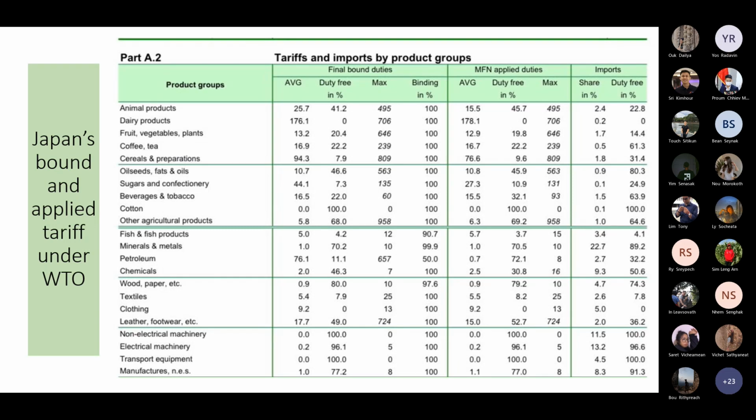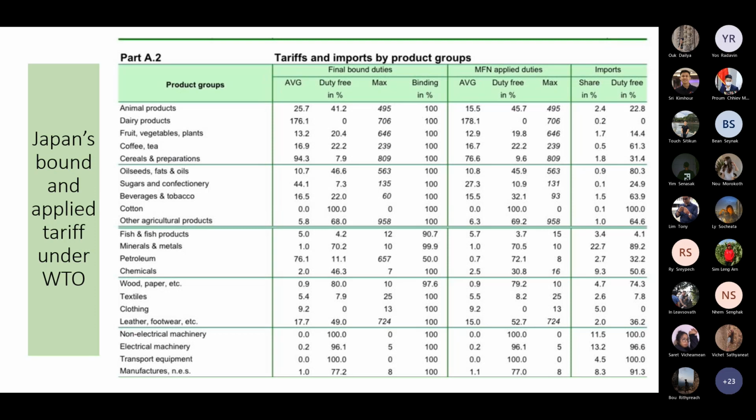But what about the average applied duty that Japan imposed on animal product? How much is applied in reality? In column number 3, how much? The answer is right on the screen.